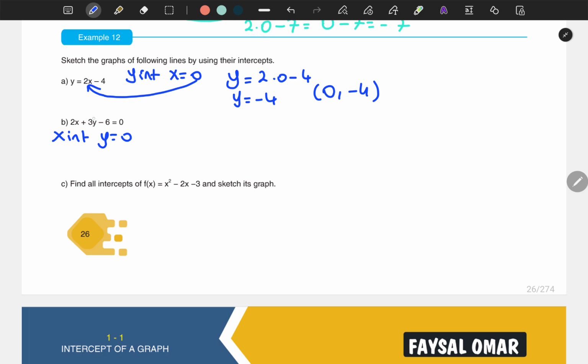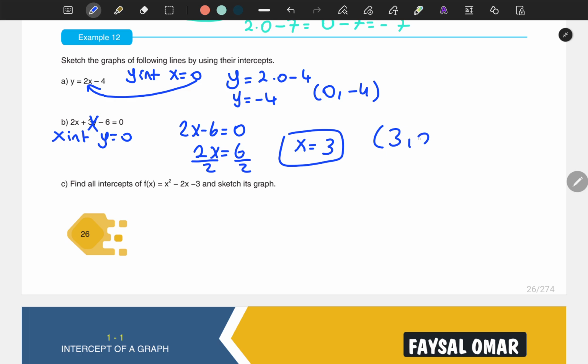If I replace 0 here, it will be 0, isn't it? 3 times 0. What's left? 2x minus 6 equal to 0, 2x equal to 6. Can I say that x equal to 3? Because if I divide both sides by 2, you see, so my intercept is x is 3, y is 0.